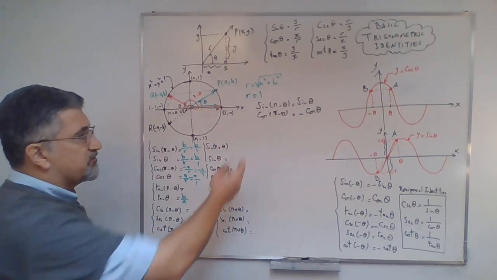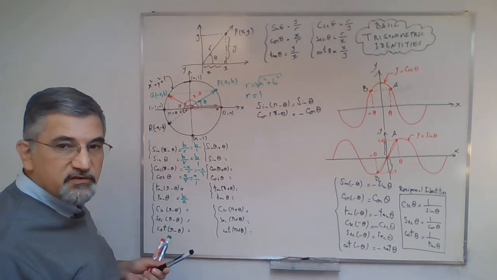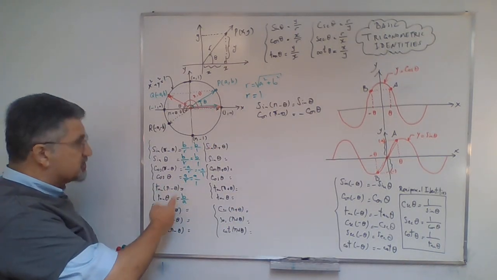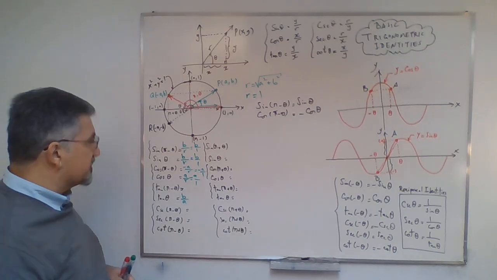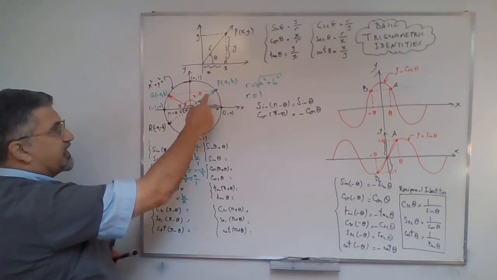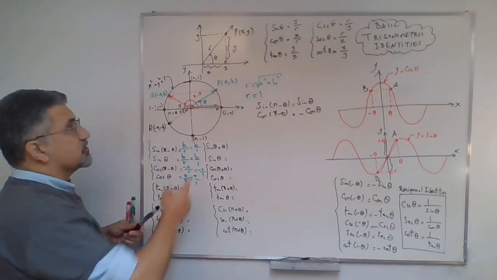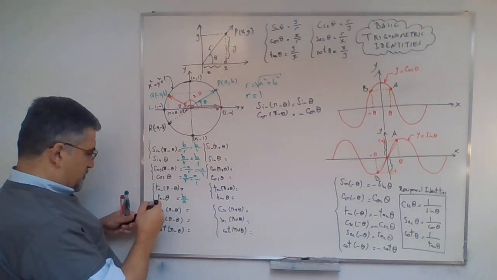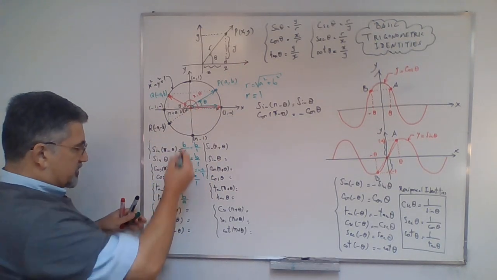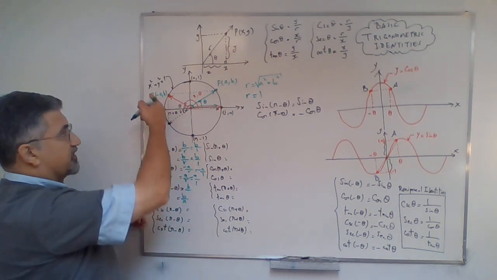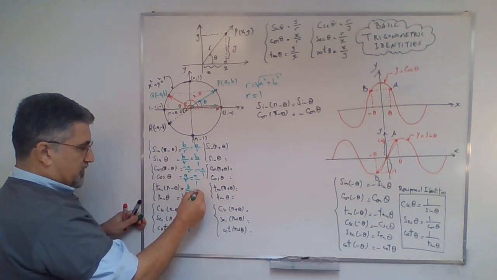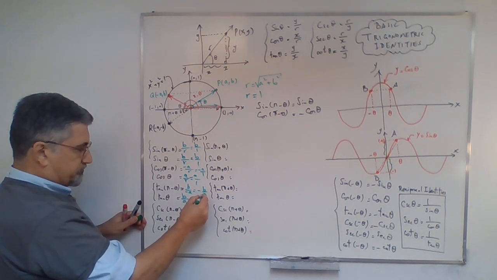And needless to say, if you just divide these two, you can derive the identity for tangent, but still using the diagram, we can say tan of theta is b over a, but here, tan of pi minus theta, which is actually y over x, is going to be the y coordinate, which is b, over the x coordinate, which is negative a. So it will be negative b over a.